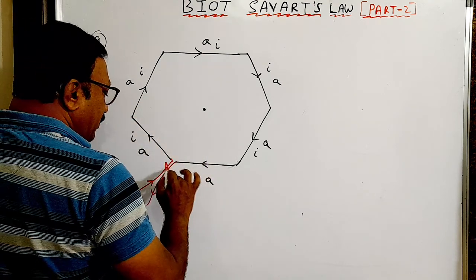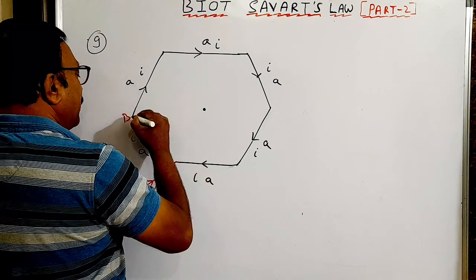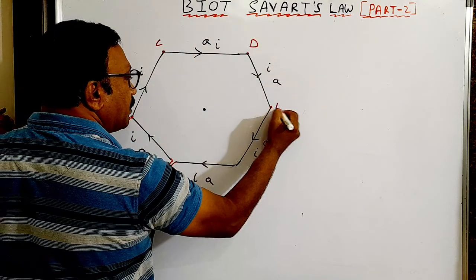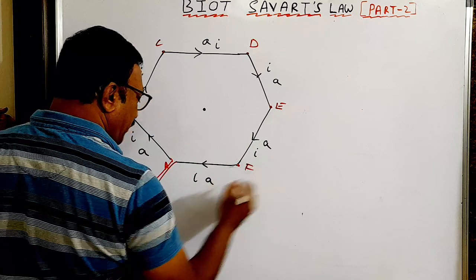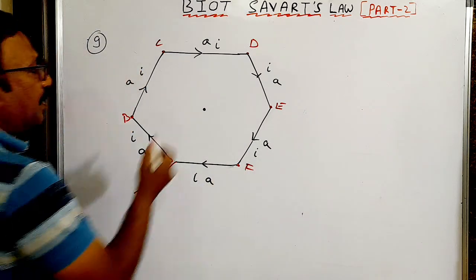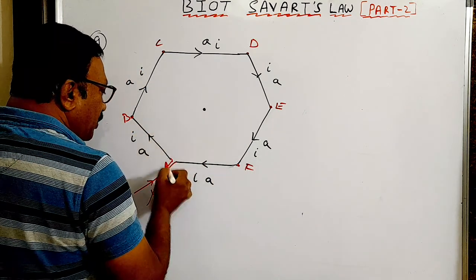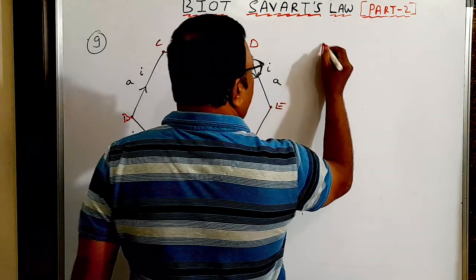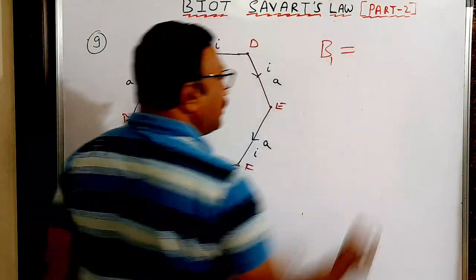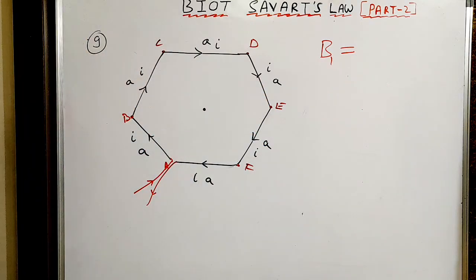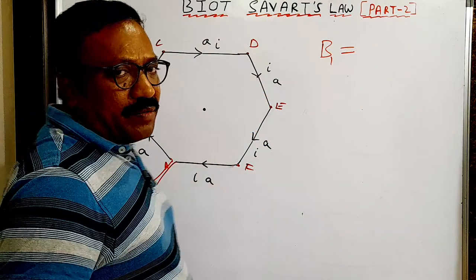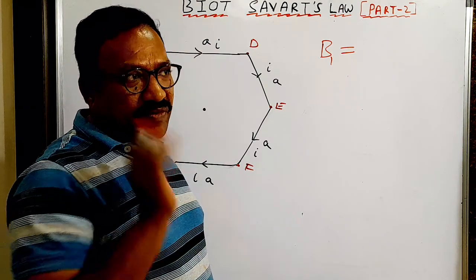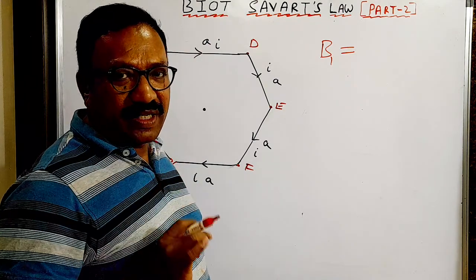So as we did, we name them A, B, C, D, E, F. This is A. The magnetic field at this point due to the wire AB I will find first. Let the magnetic field be B1. So I will apply the formula mu naught I by 4 pi d into sin theta 1 plus sin theta 2. I have to identify what d, theta 1 and theta 2 are here also.